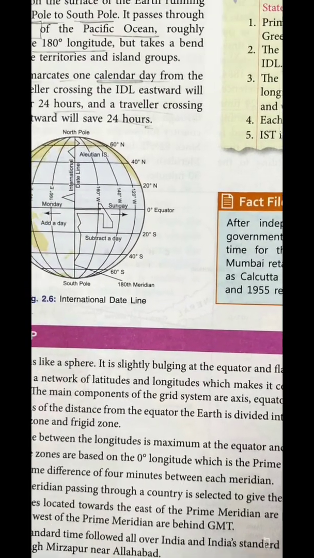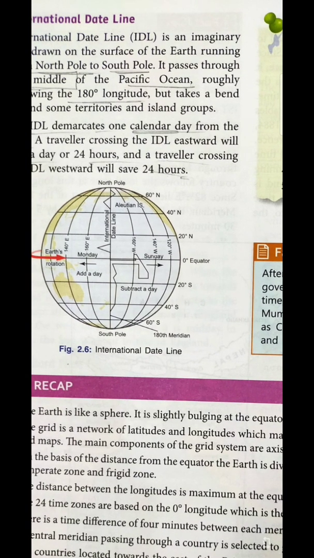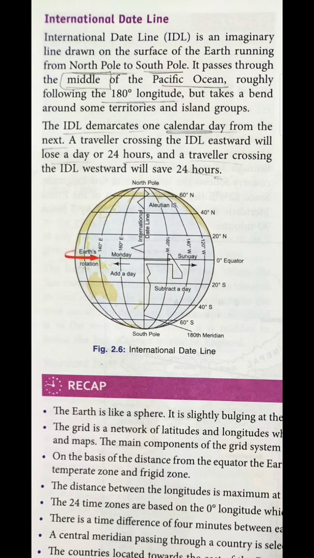Further, the international date line is there. The international date line is also an imaginary line running on the earth's surface from the North Pole to the South Pole, and it mainly passes through the middle of the Pacific Ocean, following around 180 degrees longitude.